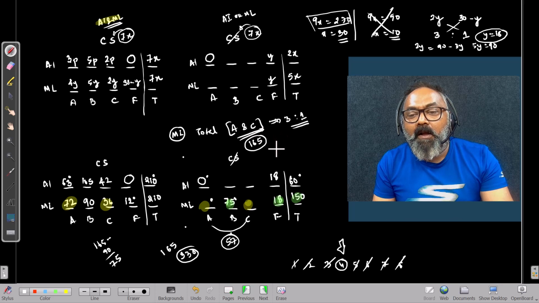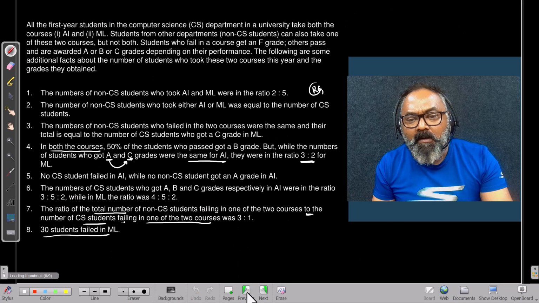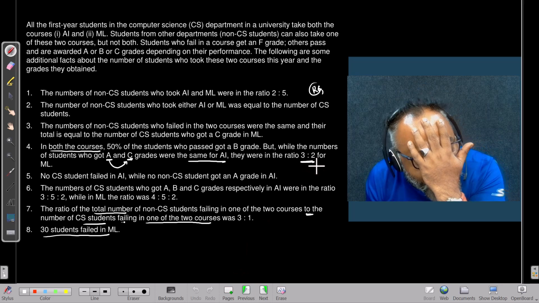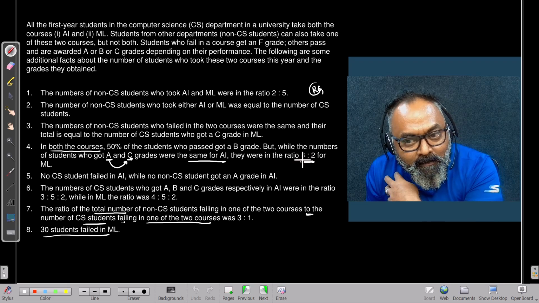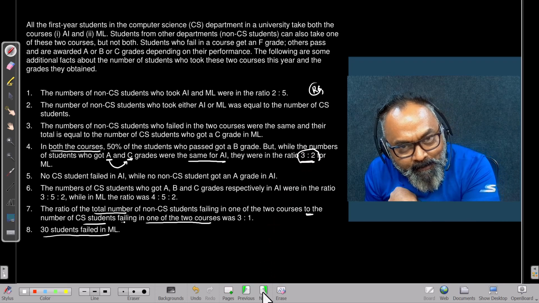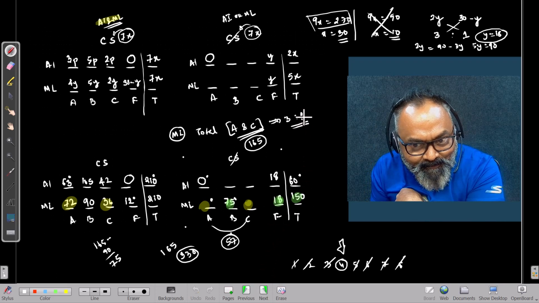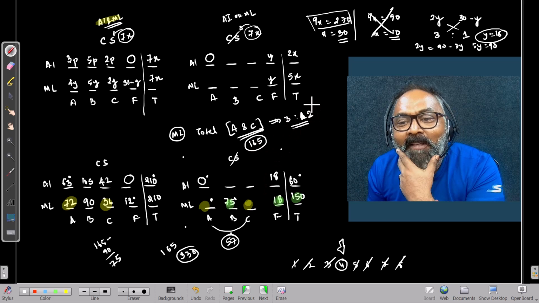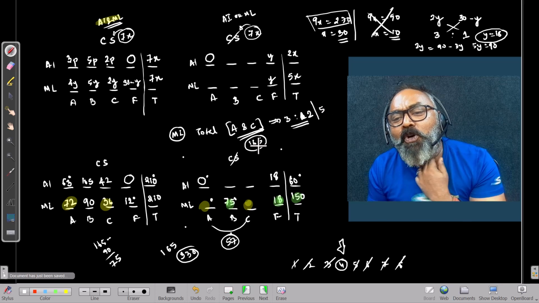They are in the ratio 3:2. I was wondering, how is it 3:1? 3:2, that is total is 5. 5 correspond to 165.